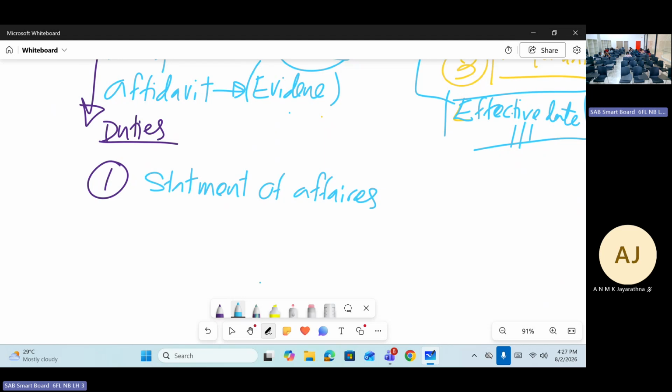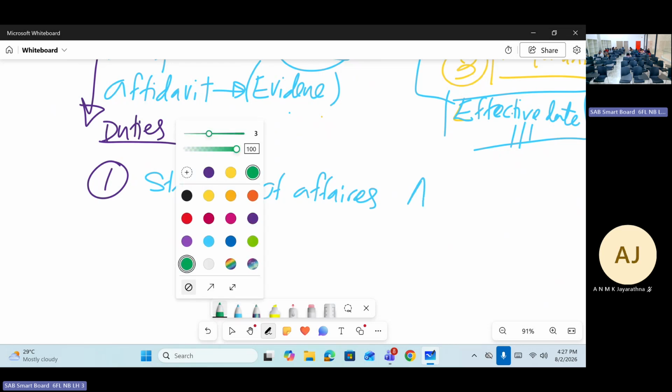We must obtain a statement of affairs from the secretary or the directors in person. In this statement we have to mention the particulars mentioned in the balance sheet. What are the assets? In this statement, they have to declare the assets owned by the company, assets and liabilities, as in the balance sheet.